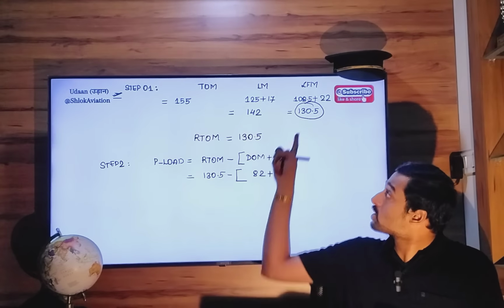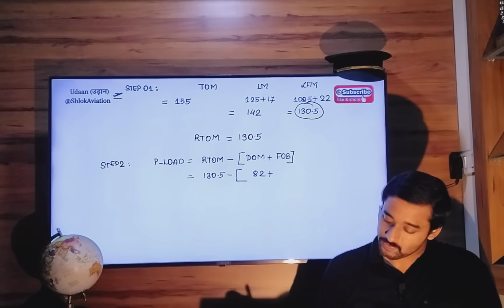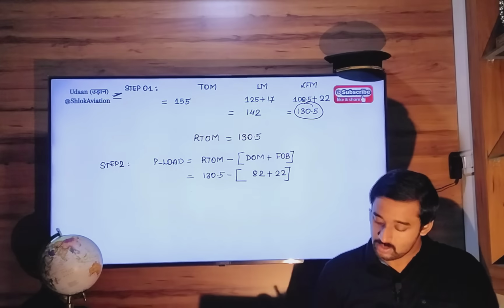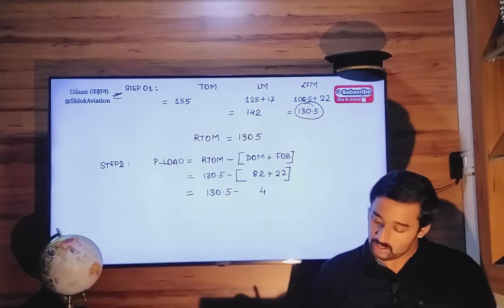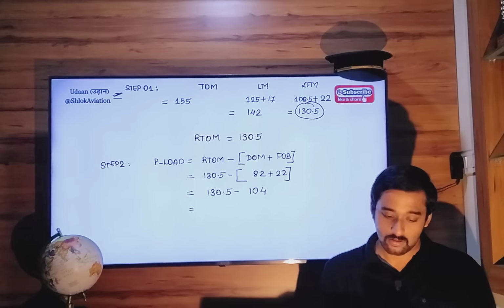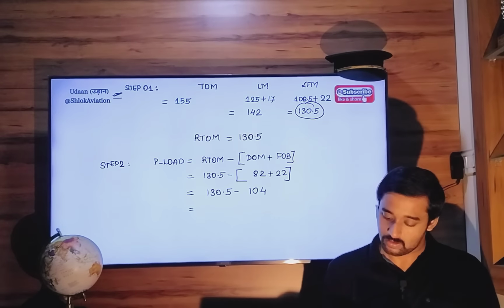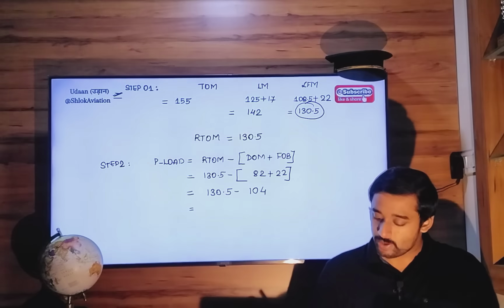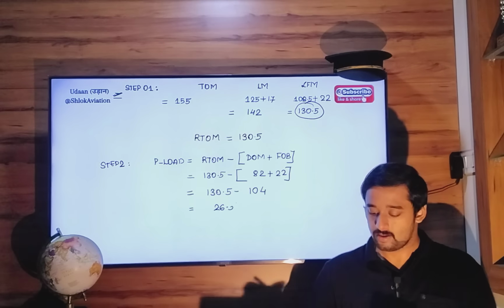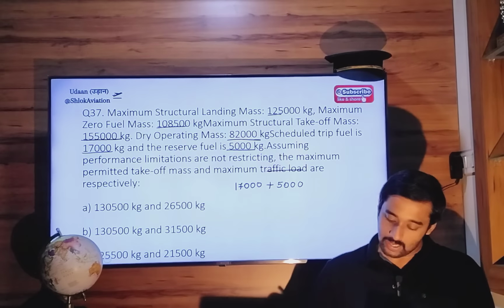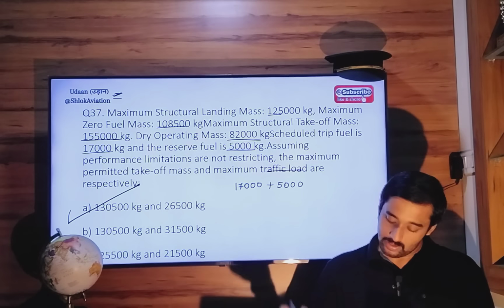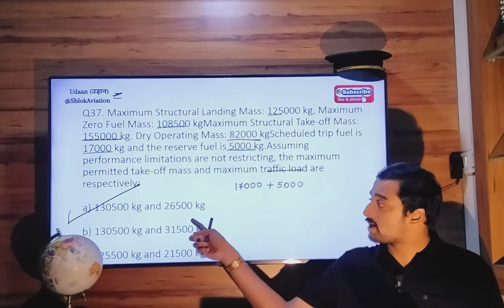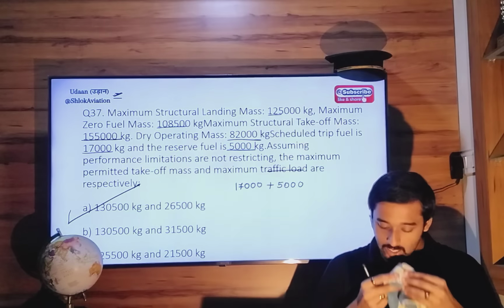Fuel on board is 22. So 130.5 minus 104. That is 26,500. So correct option is 135 and 26,500. So option A is the correct answer.